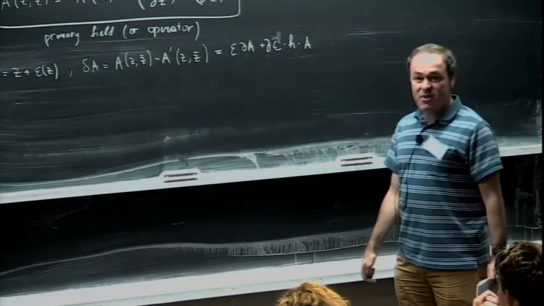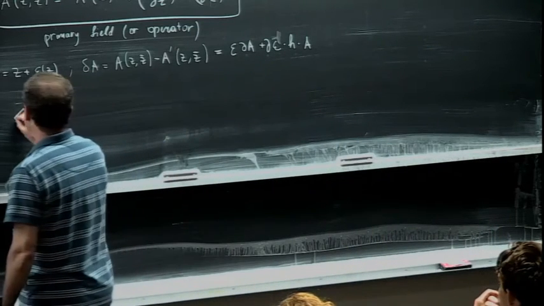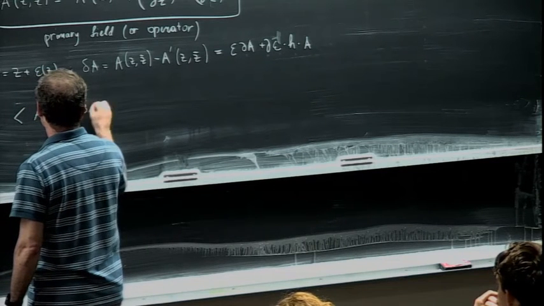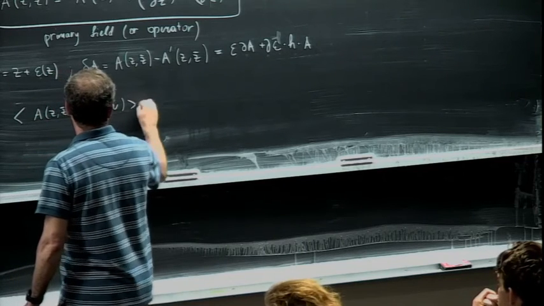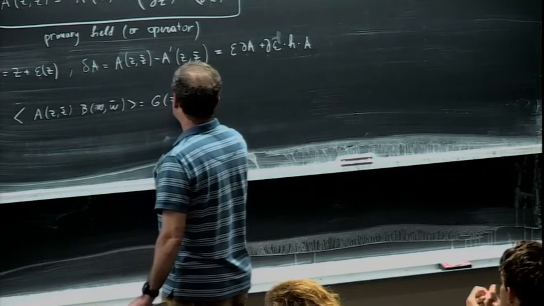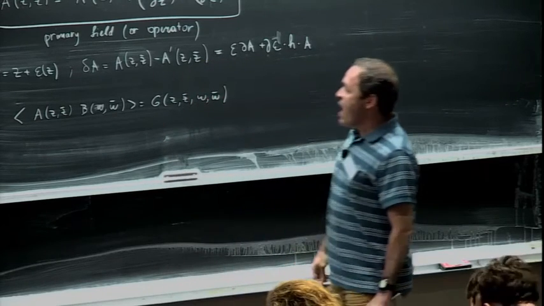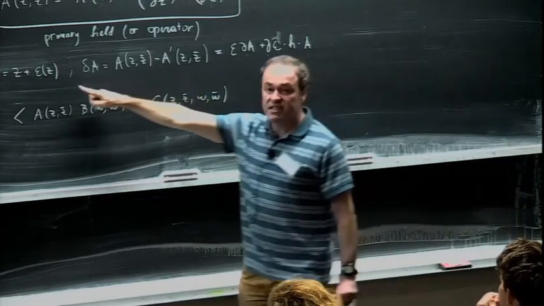actually impose restrictions on correlation functions of various operators. For example, let's consider the correlation of a(z, z bar) with some other field b(w, w bar). And let's call it g of (z, z bar, w, w bar). Now, I will only impose conditions on these correlation functions having to do with holomorphic conformal transformations.